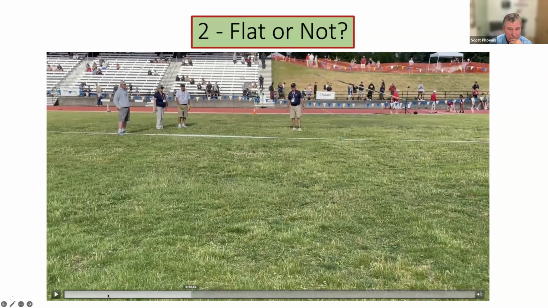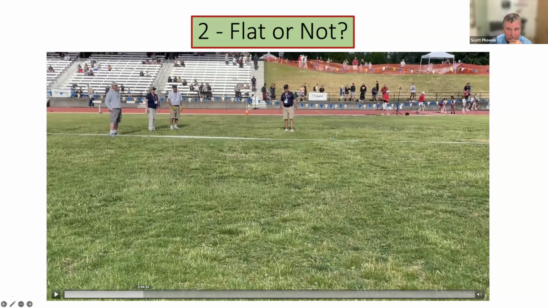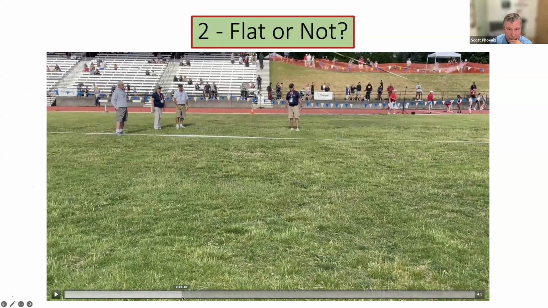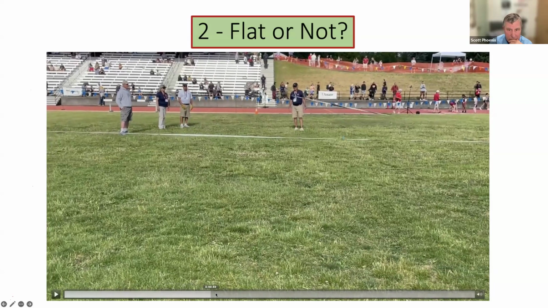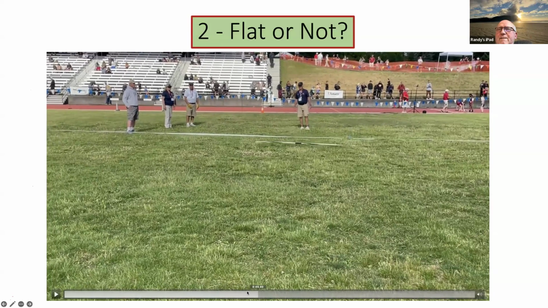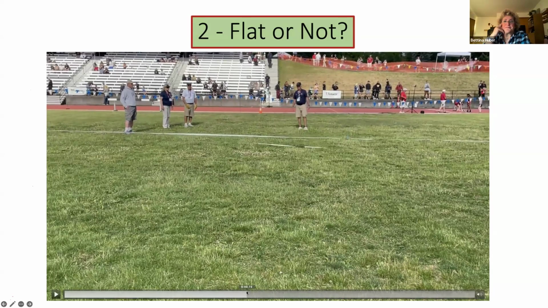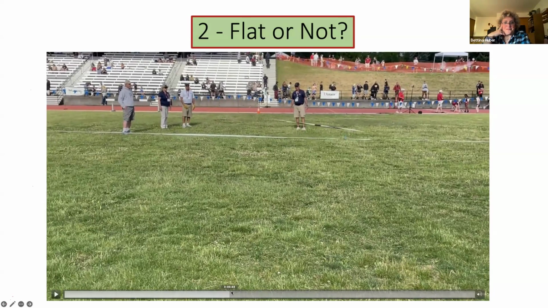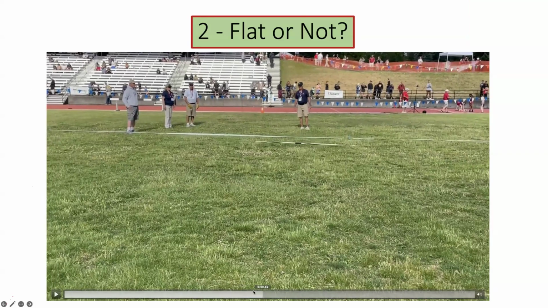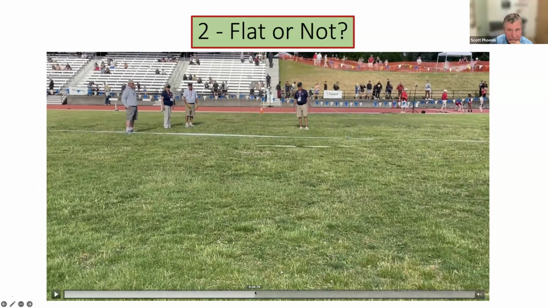So watch the head. Look at how pronounced it is. That's a flat. Definitely tail first. Flat. That one hit flat on tail first. And then look at what happens to the javelin.